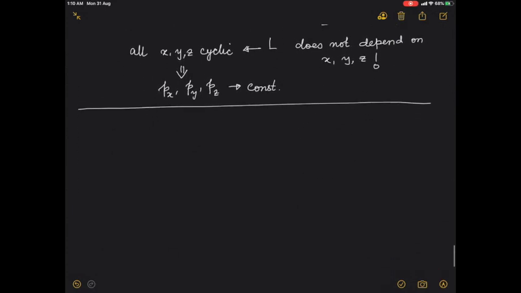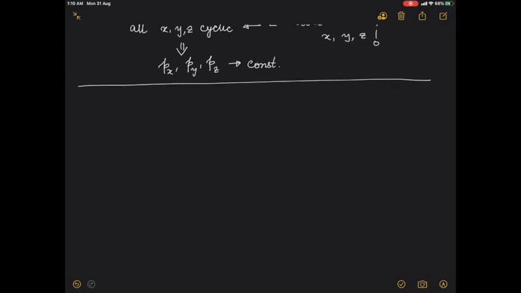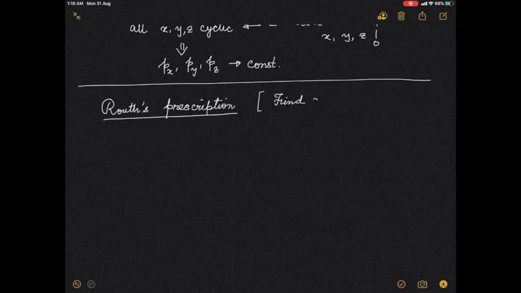Okay, so now if I have a cyclic coordinate, let me discuss this thing called Routh's prescription, which is to find a reduced Lagrangian when you have cyclic coordinates.